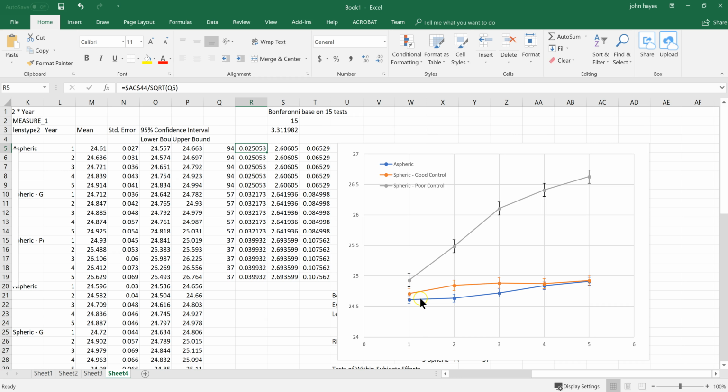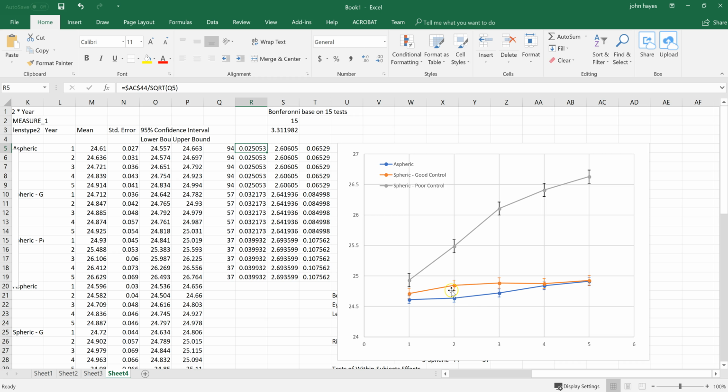We're starting with year 1. At year 1, we can see that there is no overlap between either aspheric or spheric good control and spheric poor control. Spheric good control and aspheric are the same. They're actually the same everywhere, but here, and actually these are not quite overlapping either. So there's a difference in growth.